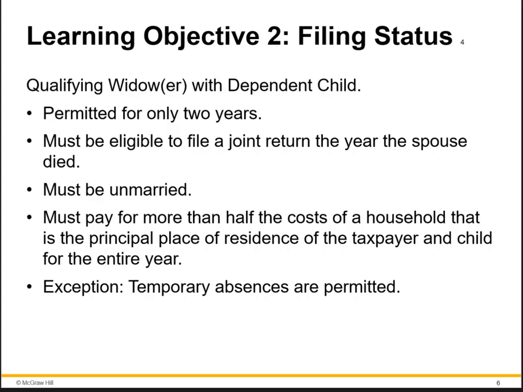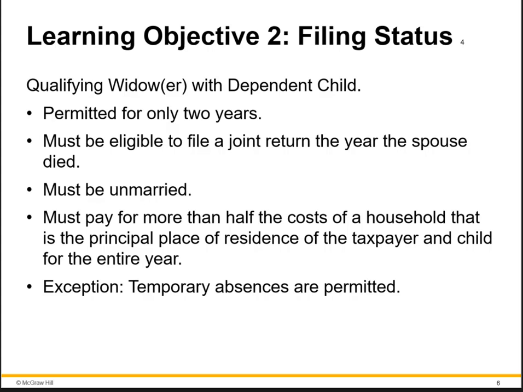And we make an exception and allow them to file married filing jointly. So it's qualifying widow or widower. Notice the next phrase, with dependent child. Not just a dependent, but a dependent child.